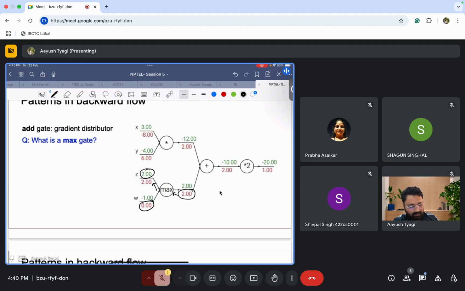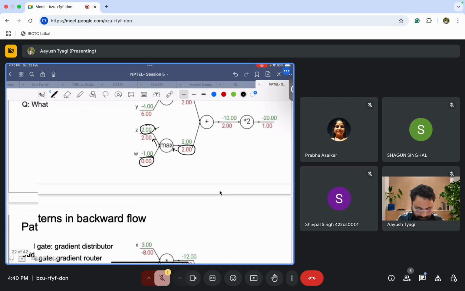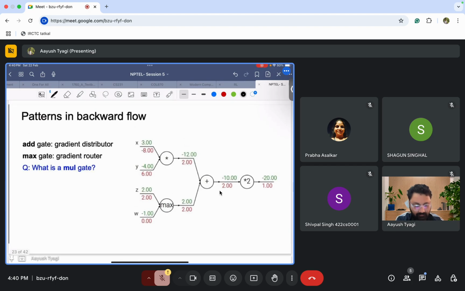So in this case, z has a value of 2 and w has a value of -1. The gradients are routed toward z because that's the maximum value, right? So the max gate is basically the gradient router.